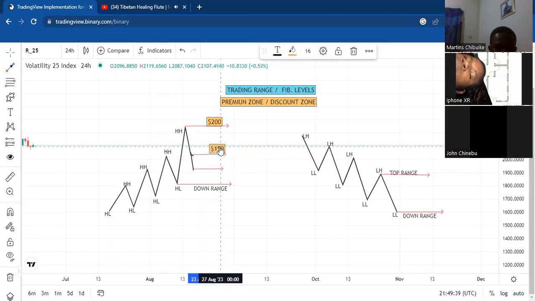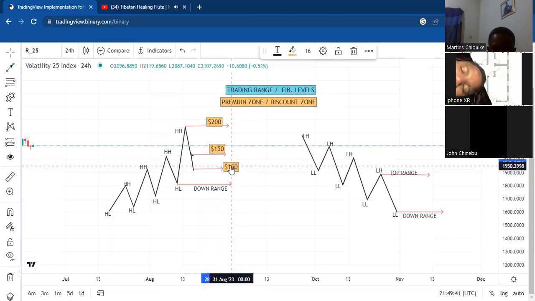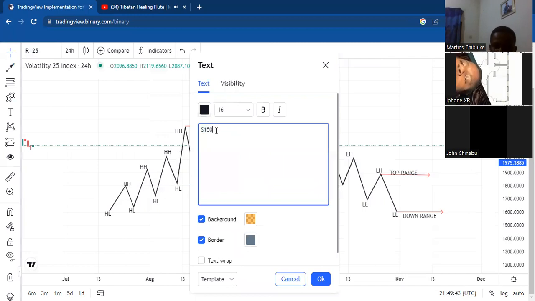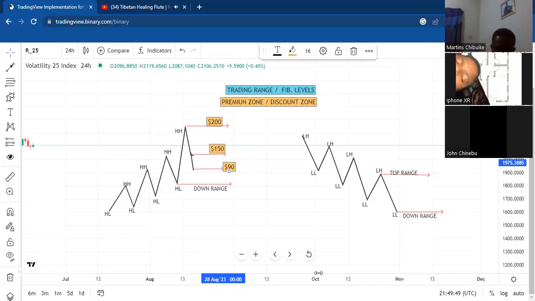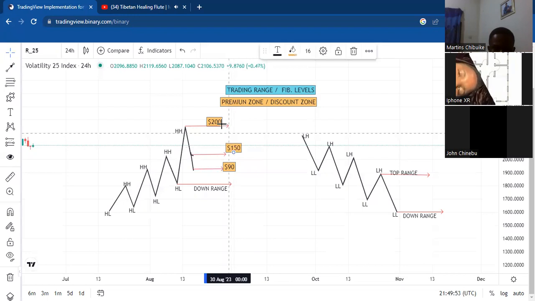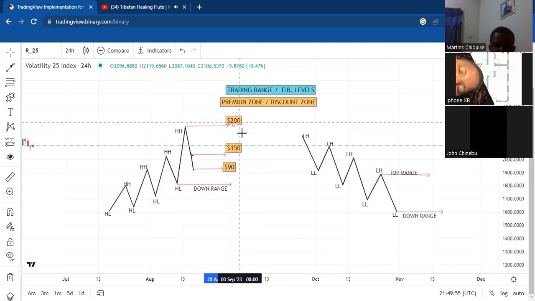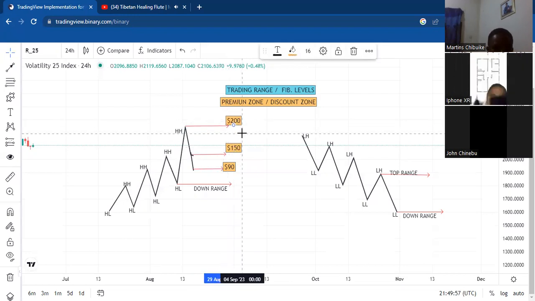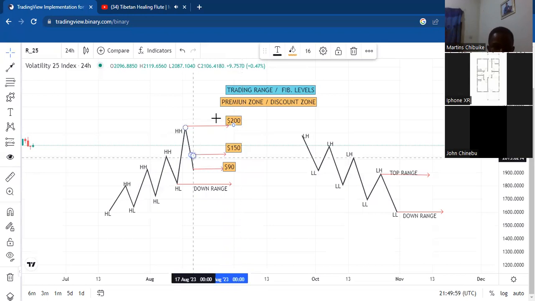So here is now, let me say, $90. Now I can buy, from $200 to $90. Why wouldn't you buy? You can buy now. It's a big discount. That is understanding the concept of premium zone and discount zone. Here becomes your premium zone.